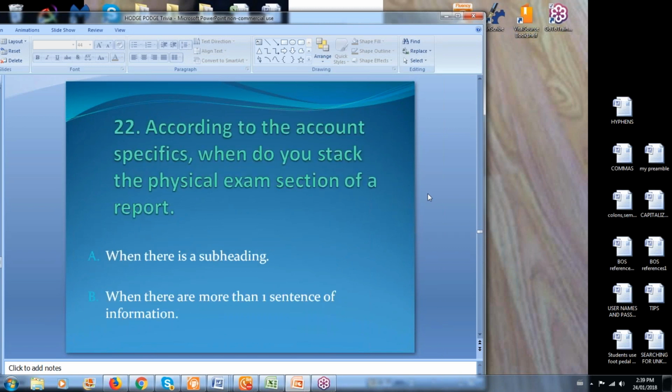22. According to the account specifics, when do you stack the physical exam section of a report? Is it A, when there is a subheading, or B, when there are more than one sentence of information?